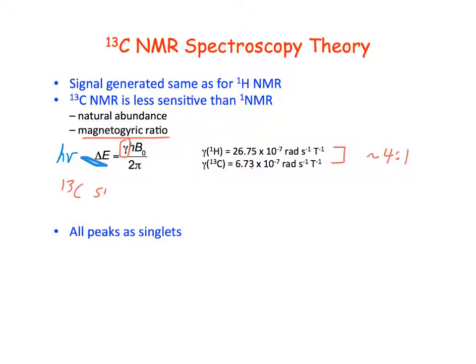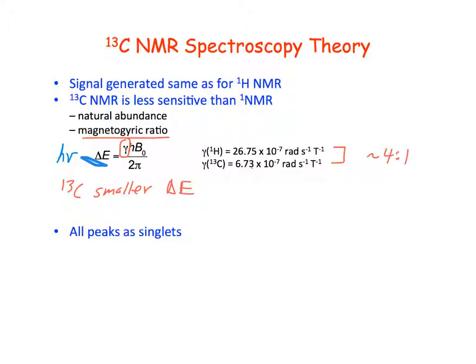C13 has a smaller delta E, so it's also going to be at a different frequency range. The frequency range is going to be roughly 1/4 of what the proton NMR frequency range is.